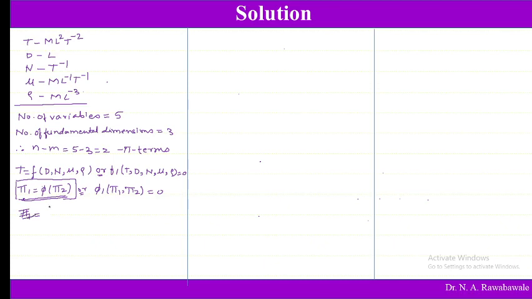First, the variable which has a geometrical property is diameter d. The second one is flow property, and the term which has a flow property is speed, that is n. Then the third one is fluid property.